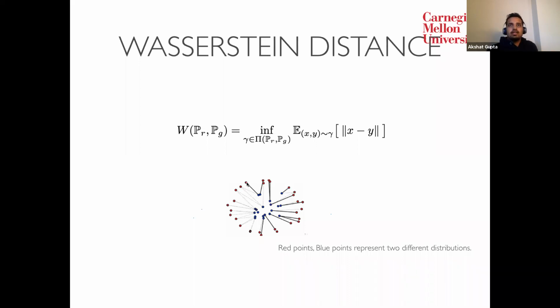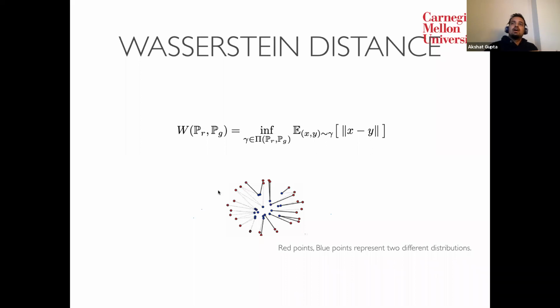One way to do it is to send this red point to this blue point, this red point to this blue point, exactly the way it's shown. Send all these red points to blue points, calculate the x minus y's, take the average. That's one option for calling that the Wasserstein distance. Another option could be I send this red point not to this blue one, but to this blue one. This red point not to this one, but to this one.